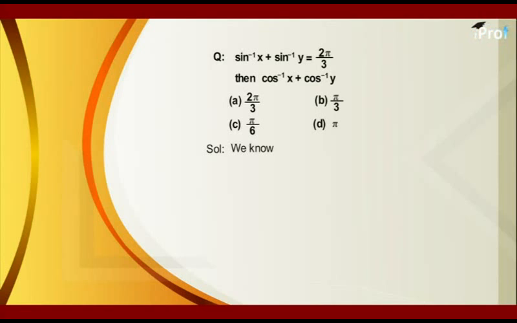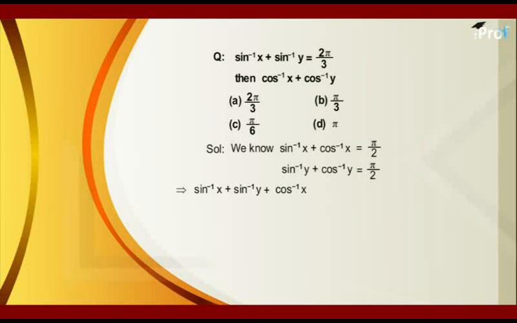We know sine inverse x plus cos inverse x is equal to pi by 2. Similarly, sine inverse y plus cos inverse y is also equal to pi by 2. Adding them, you get sine inverse x plus sine inverse y plus cos inverse x plus cos inverse y is equal to pi.